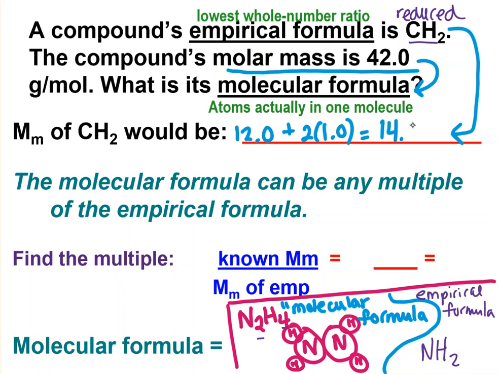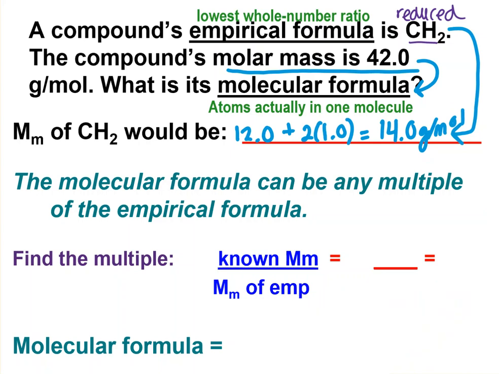It's 14. So we have the molar mass of the full version is 42, and the reduced version is 14, and we know what the reduced formula is.